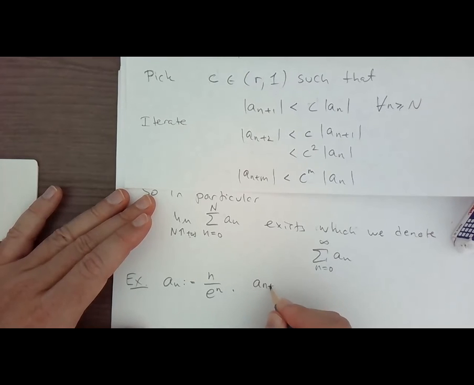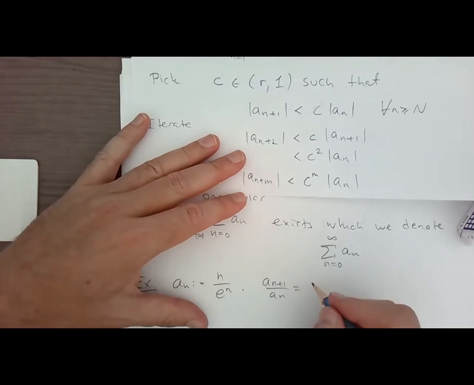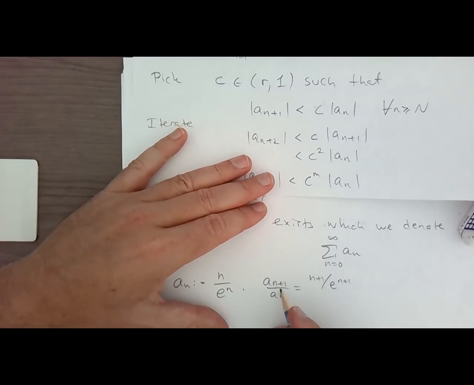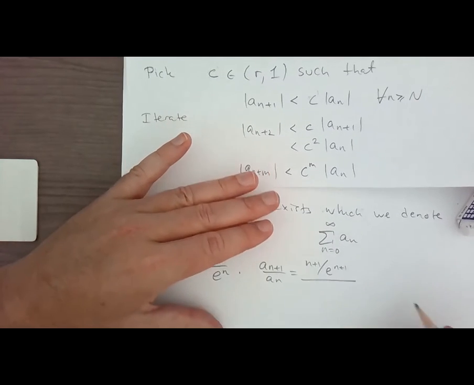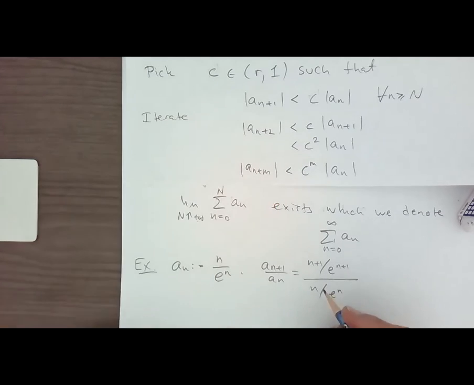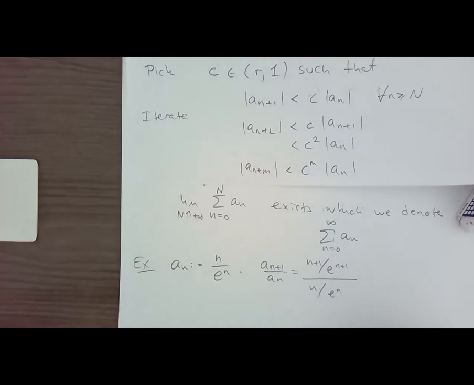So I take a_{n+1} divided by a_n. The ratio test would then require that I take n plus 1 divided by e to the n plus 1, that's upstairs, divided by what's downstairs, n divided by e to the n, and then we take a limit. Where does it go?